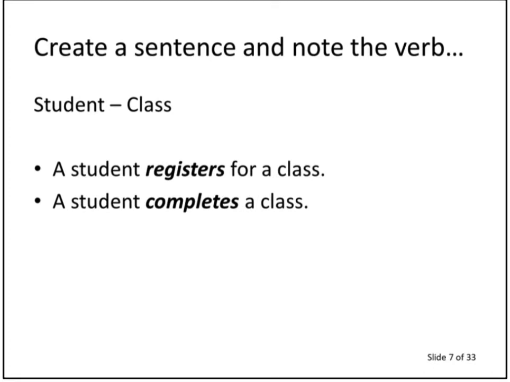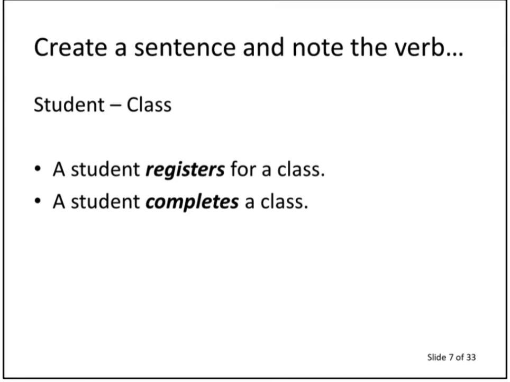Here's another example of students in classes. You could have a student register for a class, but you might also have a student complete a class. These are two different things. When a student registers for a class, it doesn't mean that they have already completed it. They have simply registered for a class, and that might happen many times.